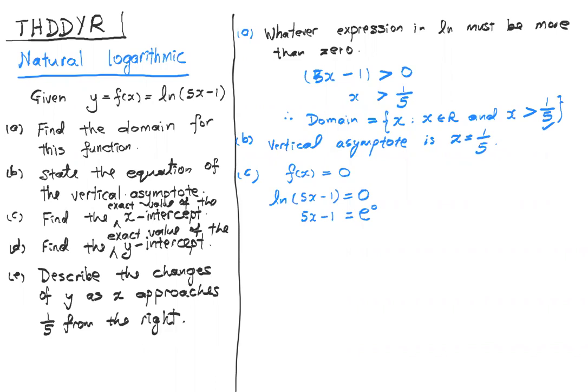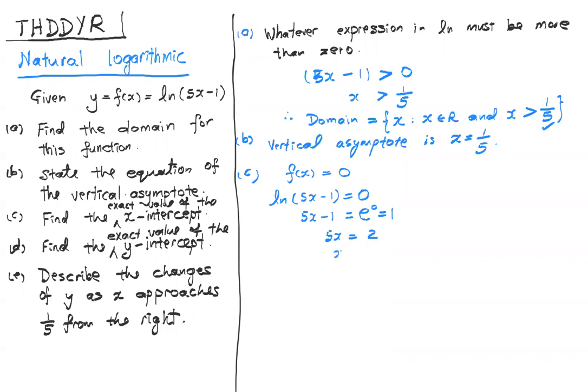So what is the value of e to the power of 0? Brian? Is it possible for you to talk, Brian? Yeah, Brian. What is the value of e to the power of 0? 1. Yeah, thank you. So it's 1. So my 5x will be equal to 2.